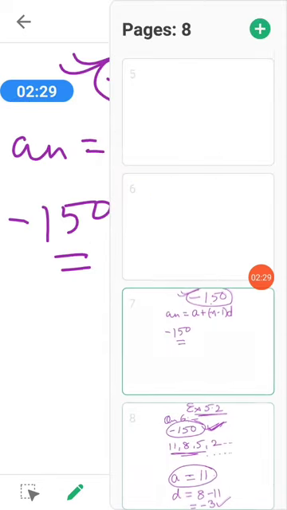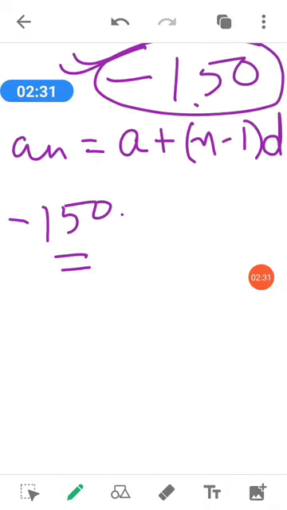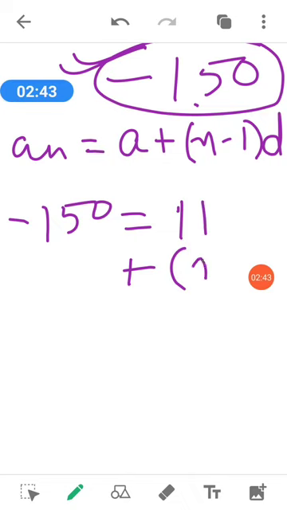So put the values here, equal to 11 plus N we don't know, minus 1, and D is minus 3.